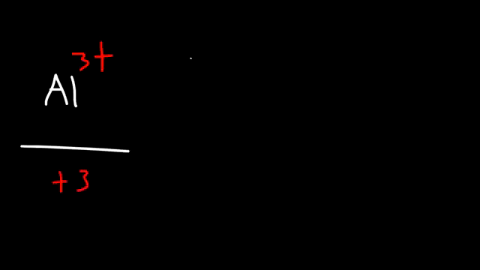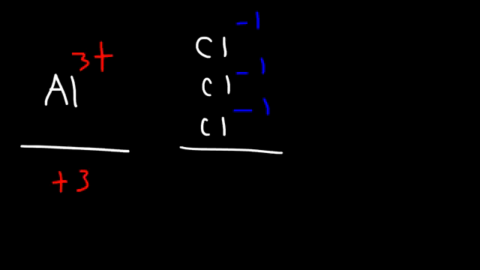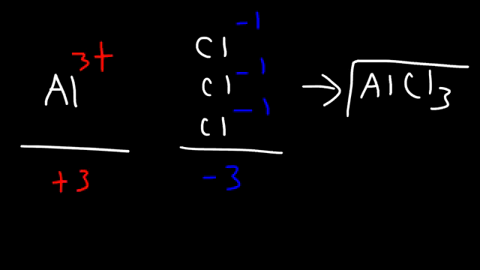To balance that 3 plus charge, we need 3 chloride ions, each with a -1 charge, so that the total of all the negative charges is -3. So these cancel and they add up to 0. And so that's why the chemical formula is AlCl3. It's to neutralize the charges. We need 3 chloride ions to neutralize the 1 aluminum +3 cation.